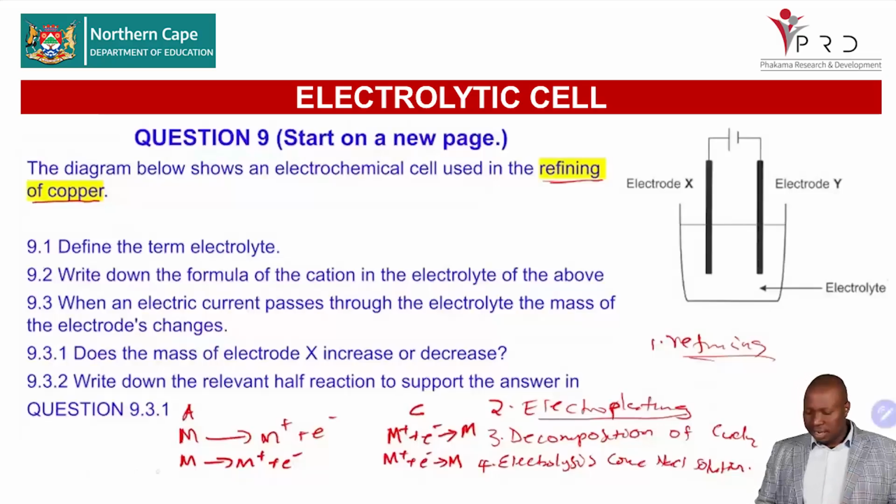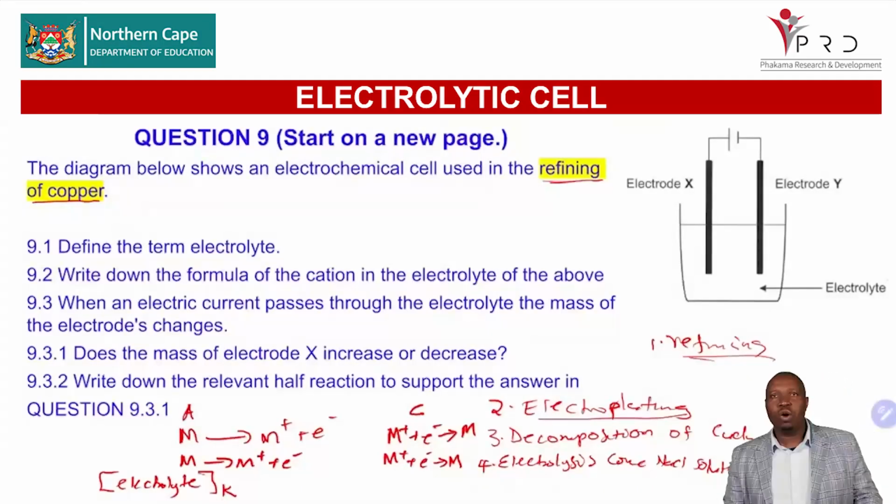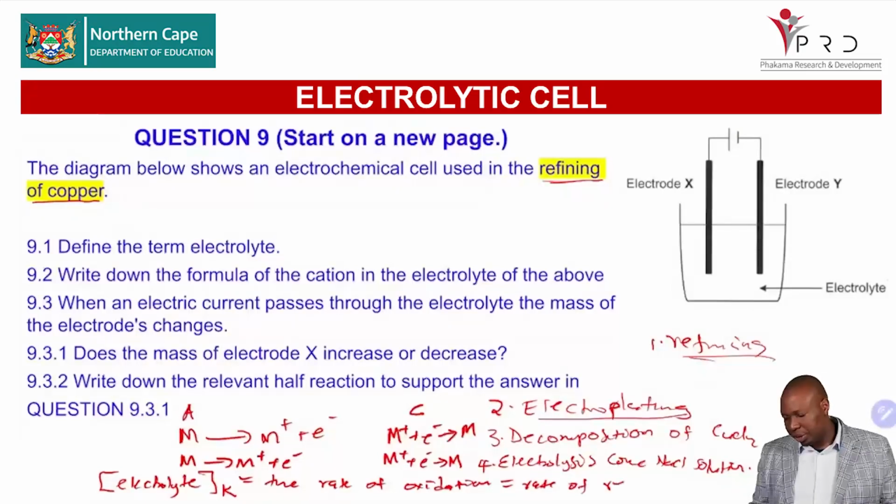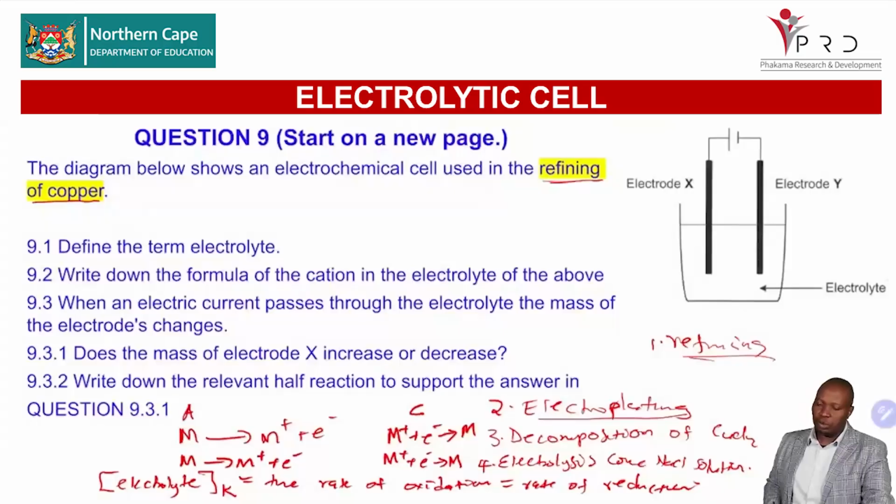Hence the concentration of the electrolyte remains constant. Why? Because the rate of oxidation is equal to the rate of reduction. So that's what we are having in this particular cell.